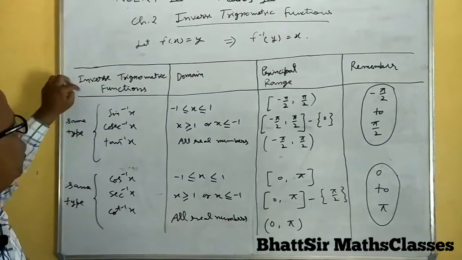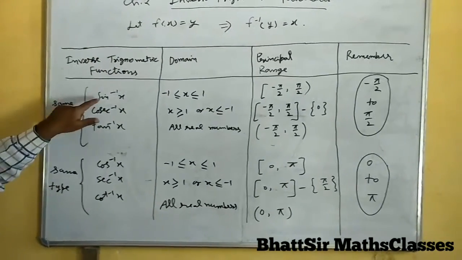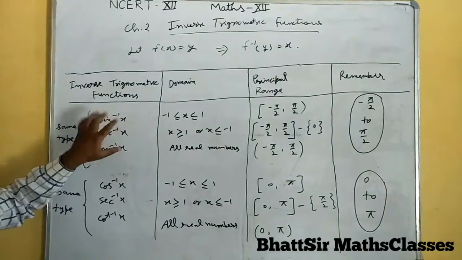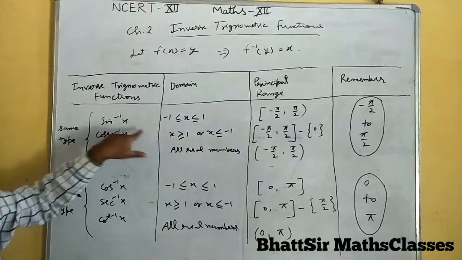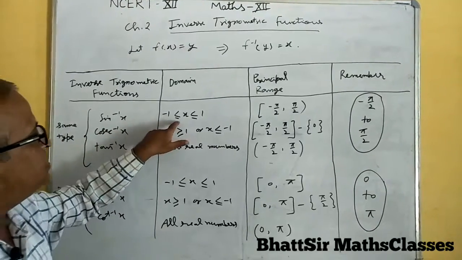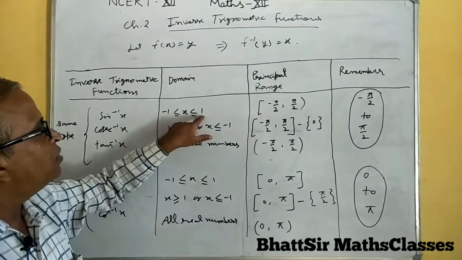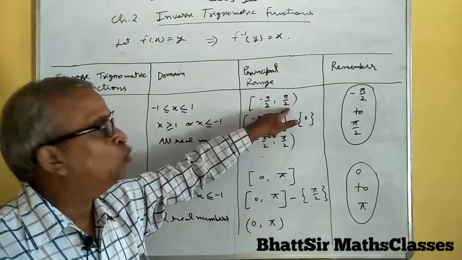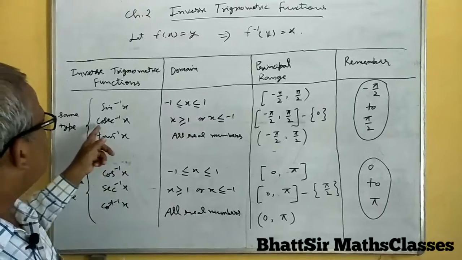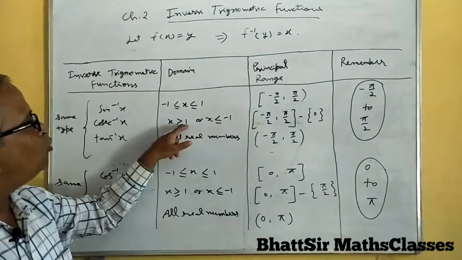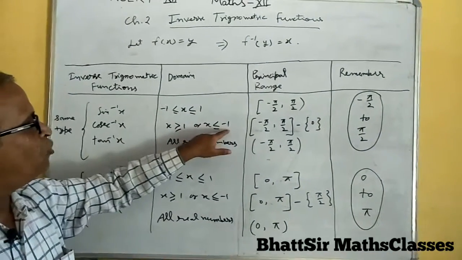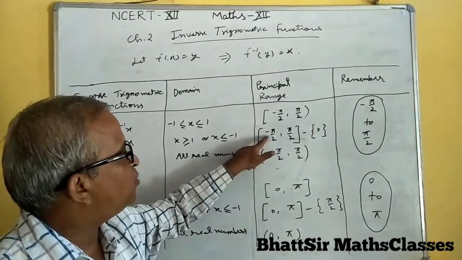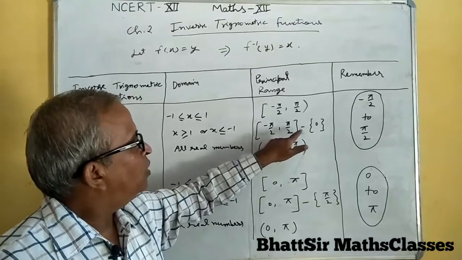trigonometric functions. The inverse trigonometric functions sin inverse x, cosec inverse x, and tan inverse x: sin inverse x has the domain -1 less than or equal to x less than or equal to 1, and the principal range is minus pi by 2 to pi by 2.